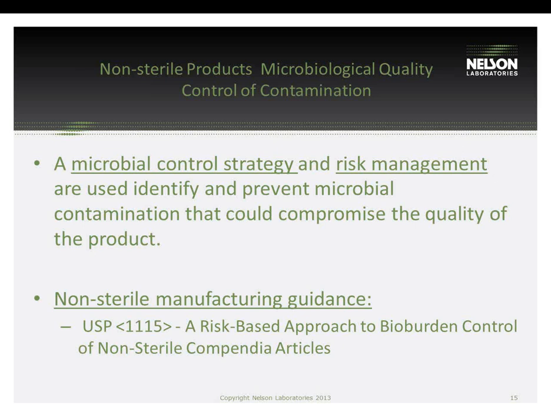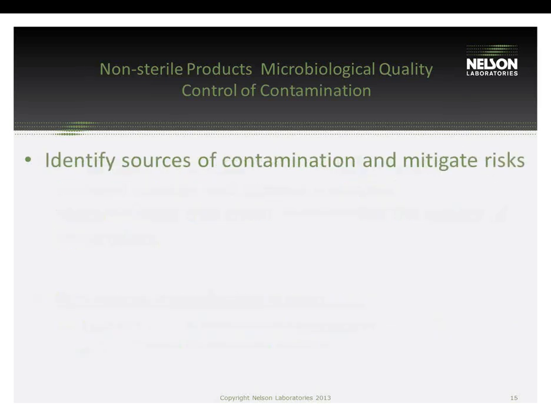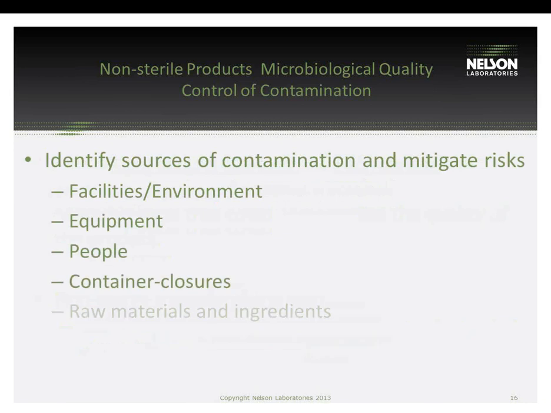It was usually based on sterile manufacturing, and non-sterile manufacturers were using some of those systems. Recently, the USP released a draft version of USP 1115, which uses a risk-based approach to control bioburden during manufacturing of non-sterile products. And we'll cover some of that information here.